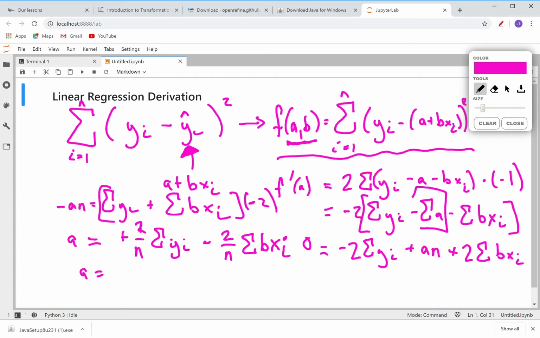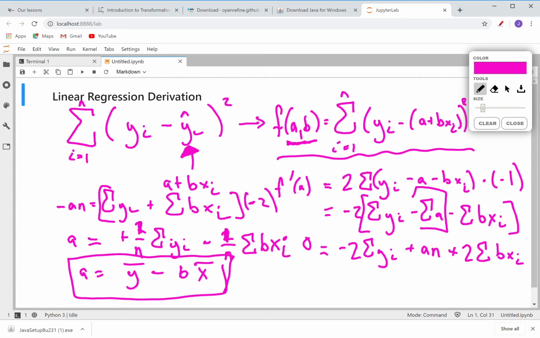That was a factor of everything, so it will just divide out. So what I have are just averages. I've got this average of y, which I'll write as y bar, minus this average of b times x, right? So minus b x bar, and bingo, there's my first expression.